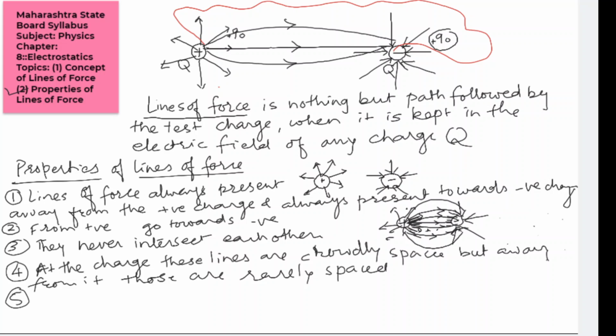Why? Because each and every line here is exerting some pressure on the other line, and this pressure is called lateral pressure. Okay, each point on the line is exerting pressure on each point of the line. So it is called lateral pressure, and due to this lateral pressure they follow the shortest distance.